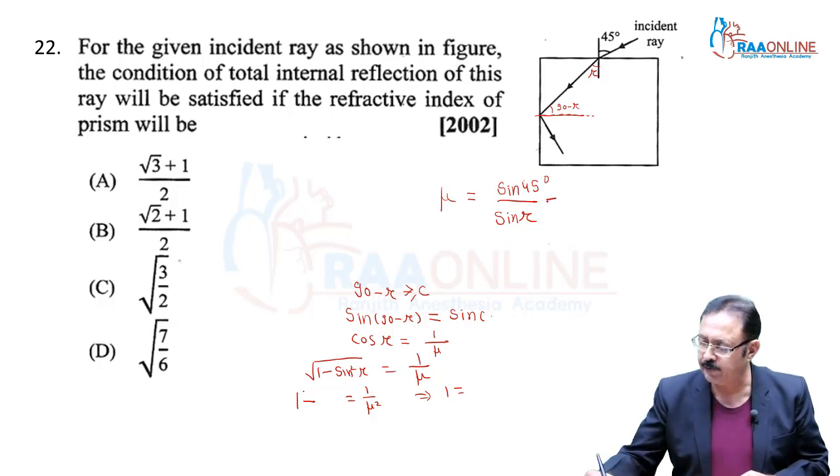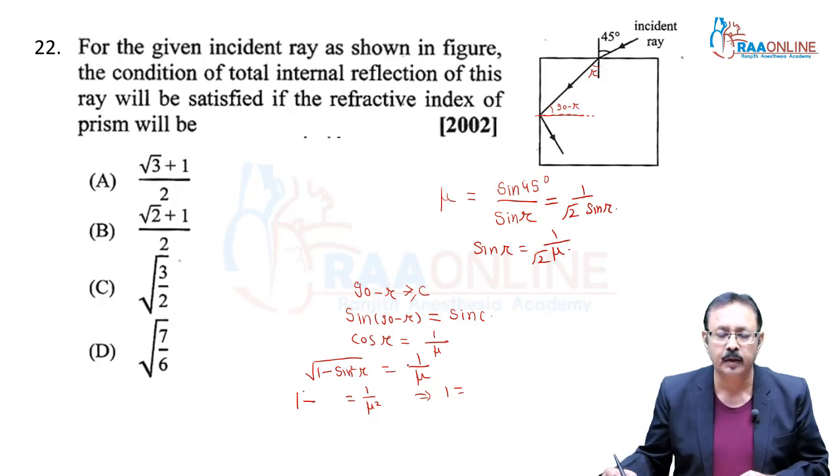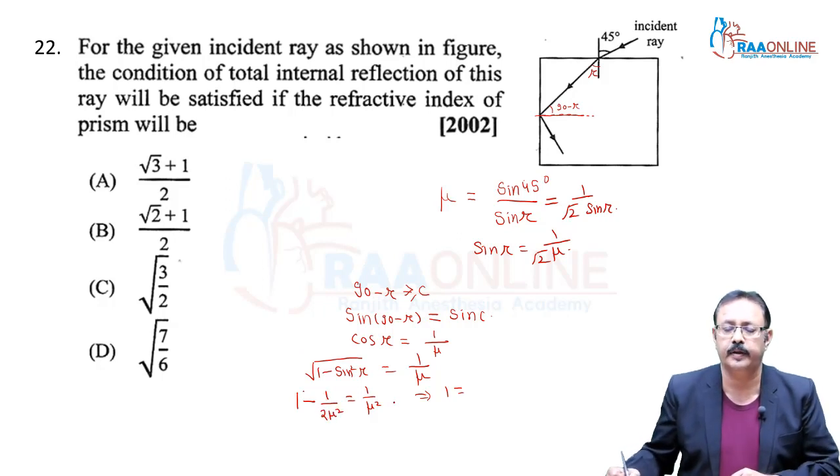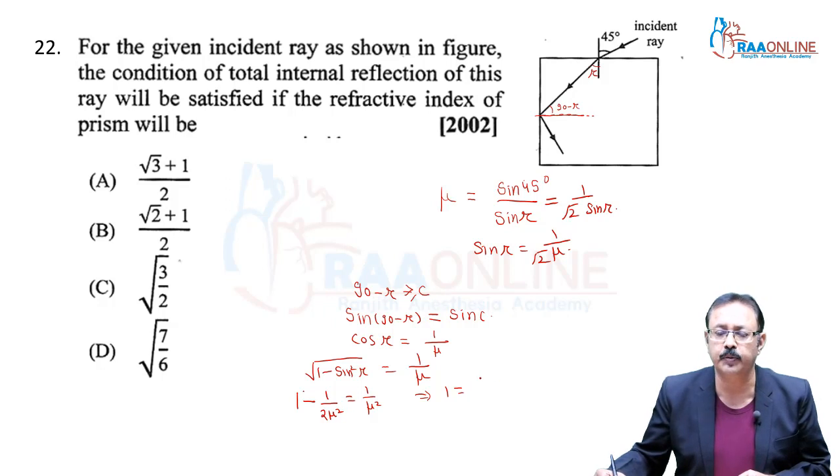Sin 45 means 1 by root 2, so sin R means 1 upon root 2 mu. Sin square R means 1 upon 2 mu square. So 1 is equal to, taking 1 upon mu square common, 1 plus 1 by 2, means 3 by 2.